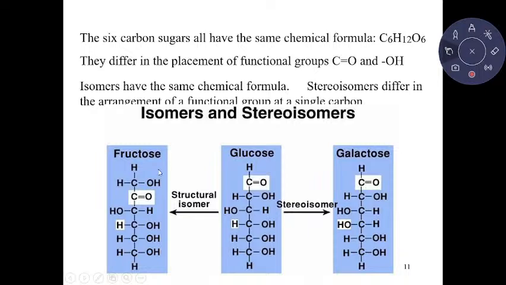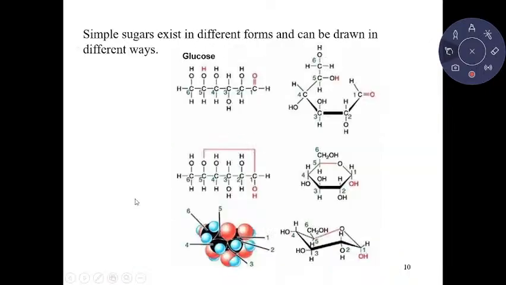For example, fructose. This is a 6 carbon compound, glucose is also a 6 carbon compound, and galactose is also a 6 carbon compound. So they differ in the functional group. How will we see?